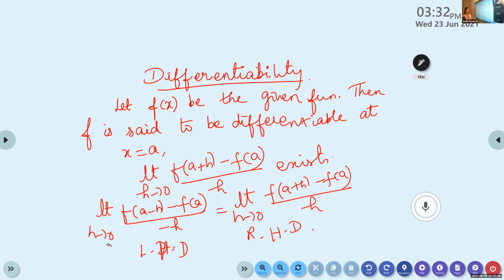So instead of h, we will write minus h. So this is differentiability. A function is said to be differentiable if left hand derivative is equal to right hand derivative.